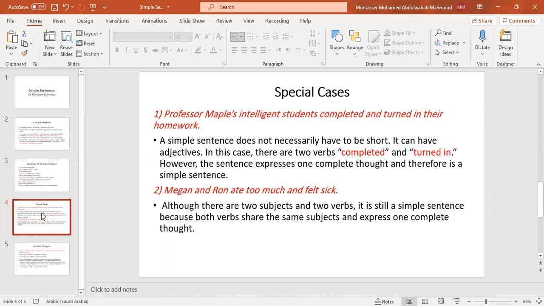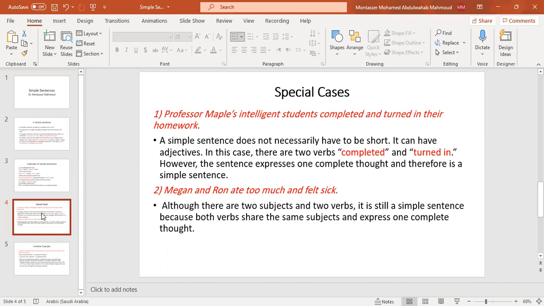Look at the second example: Megan and Ron ate too much and fell sick. Here we have two subjects, Megan and Ron. And we have two verbs, ate and fell, but it's still a simple sentence. Why? Because the verbs share the same subjects and express one complete thought.